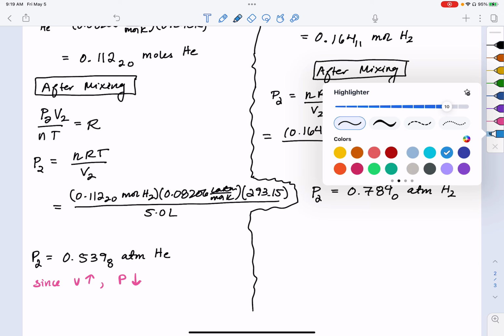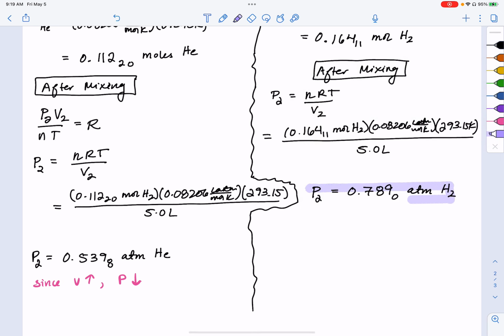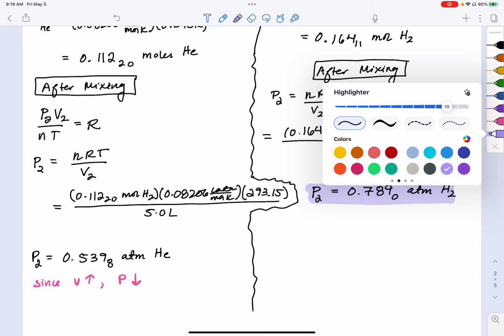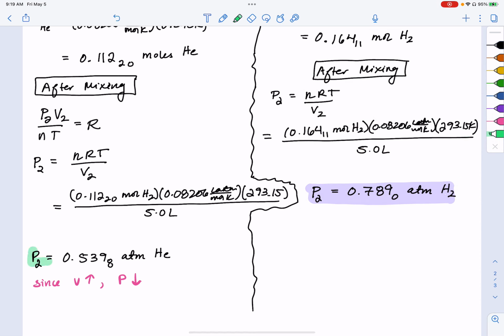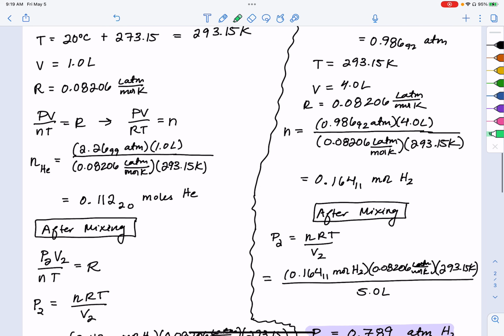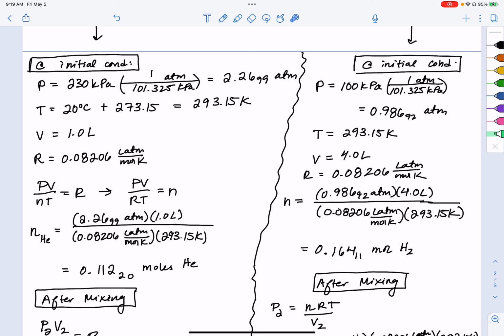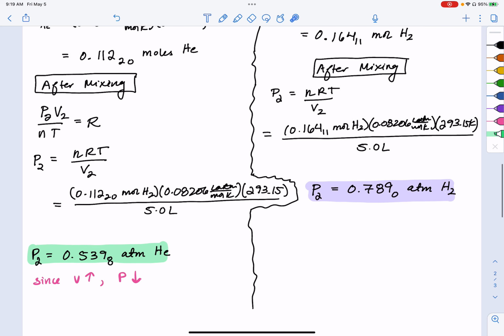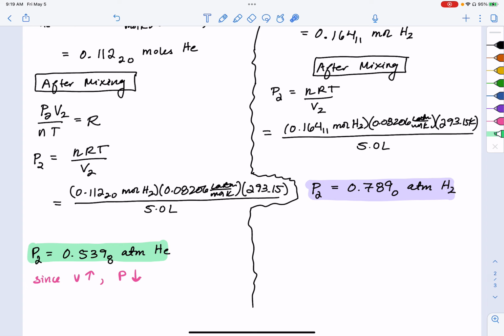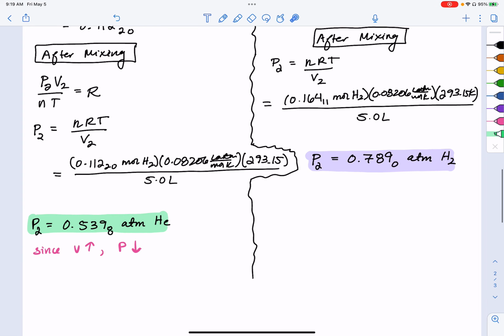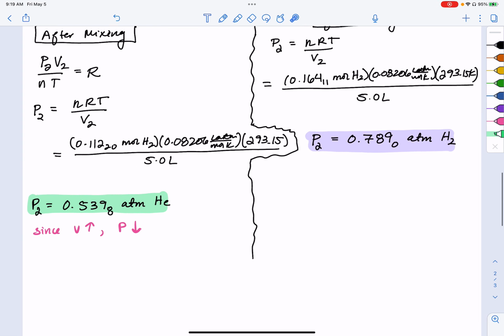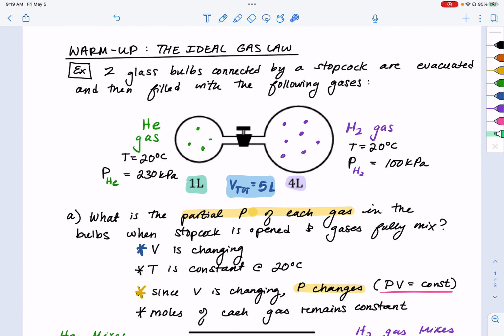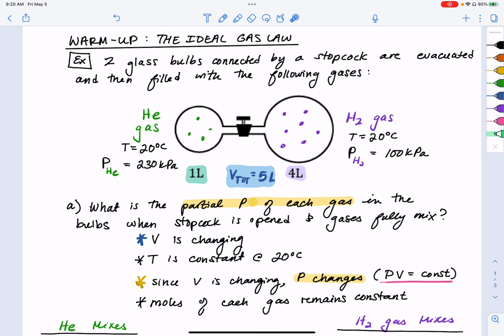So we have our new pressure of hydrogen, and then we also have our new pressure of helium. Okay, let's check again for sanity's sake that our pressure for our hydrogen went down. So originally our pressure was 0.9 atmospheres. Now it is 0.7. All right, so this makes some sense. That was part A. So we'll come back and do part B in the second half of this problem. So see you then.